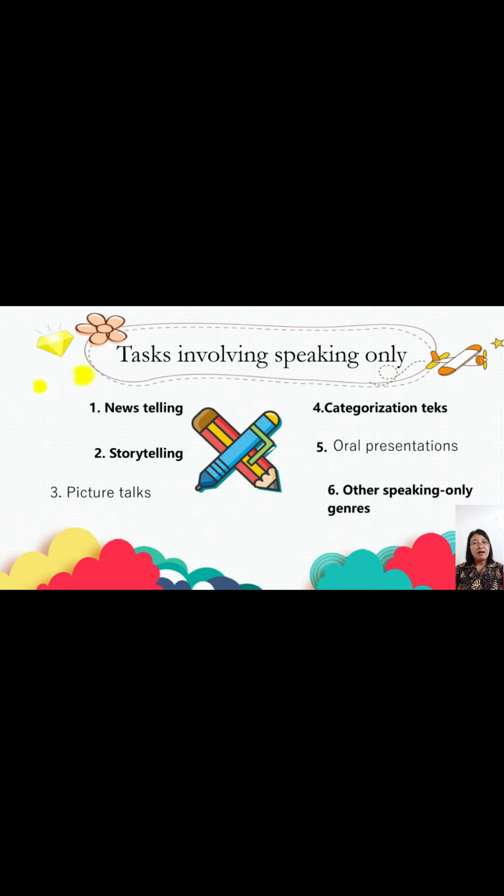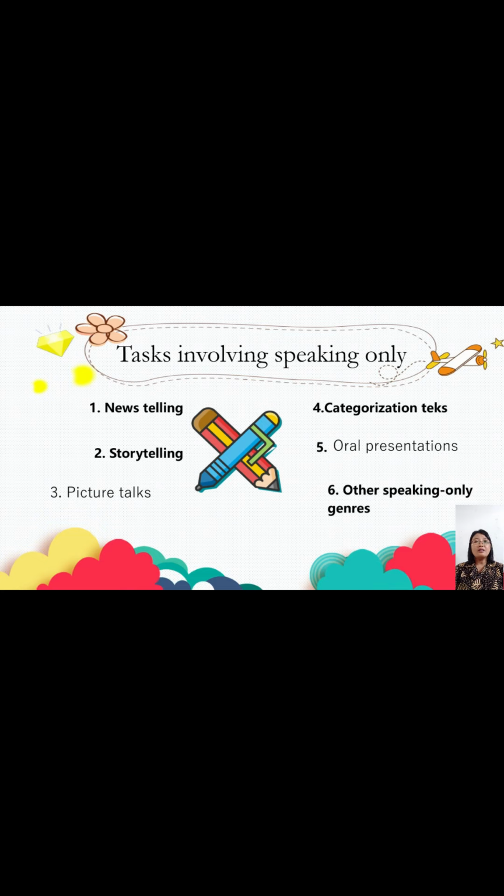And the next, the categorization text. A categorization text involves children sorting and finding patterns. Categorization texts can assess children's descriptive language and the language of conversation, as well as abstract explanation and academic talk and content.